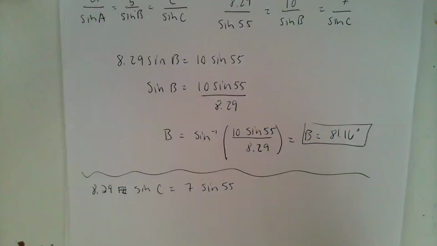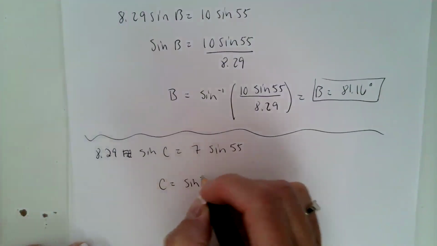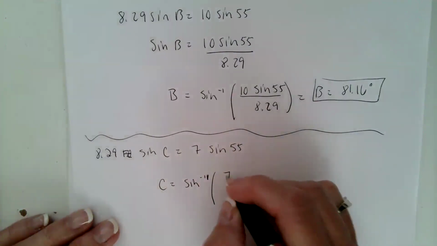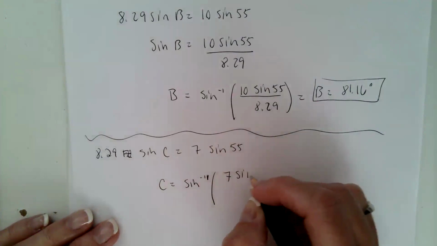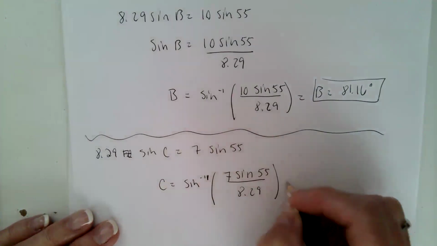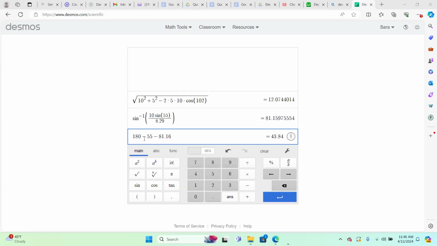So going through the same process, C will equal the inverse sine of 7 times the sine of 55 divided by 8.29. The only thing that changes is the 7. So I'm going to go back to my scientific Desmos and change this to be a 7. And this gives the angle C as 43.76.